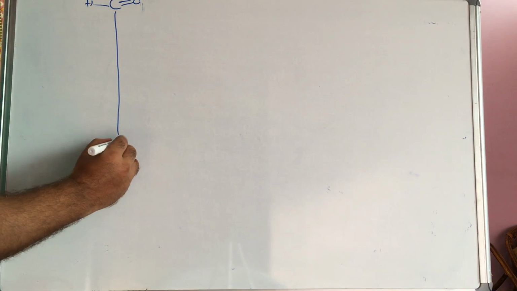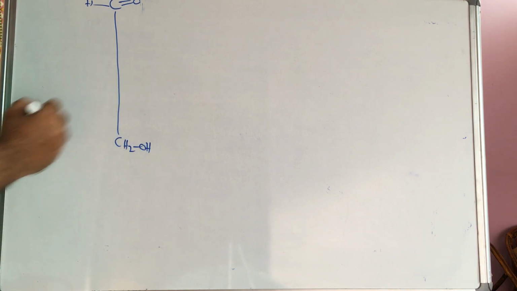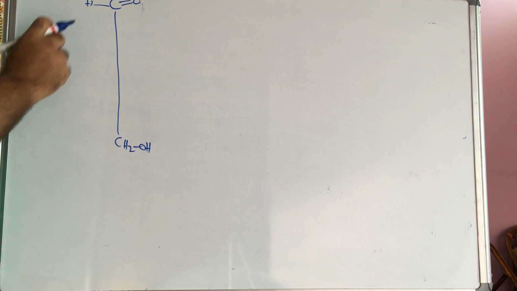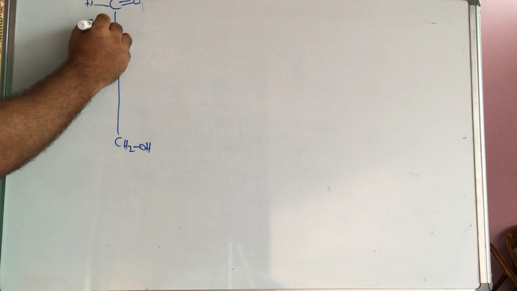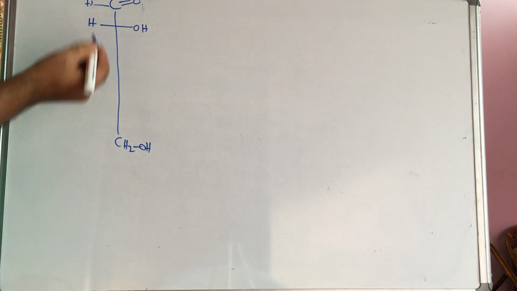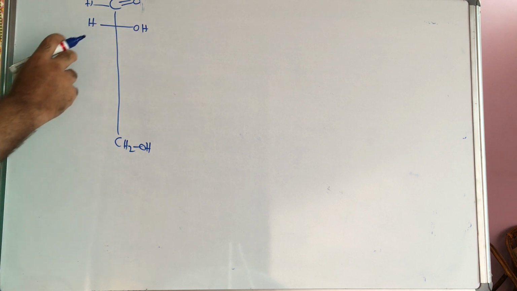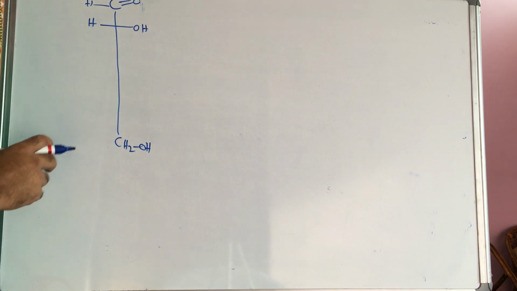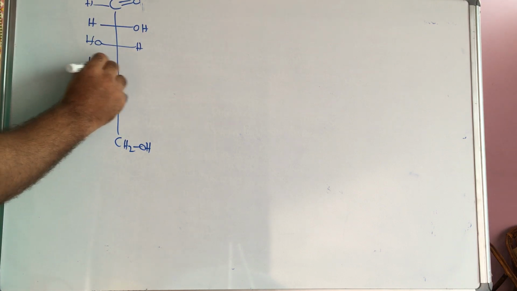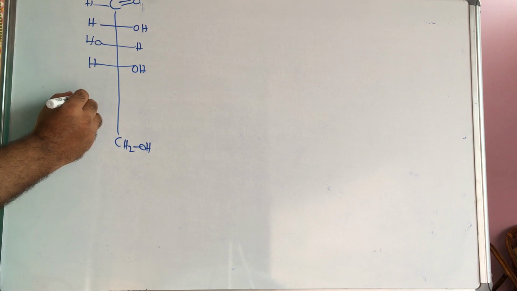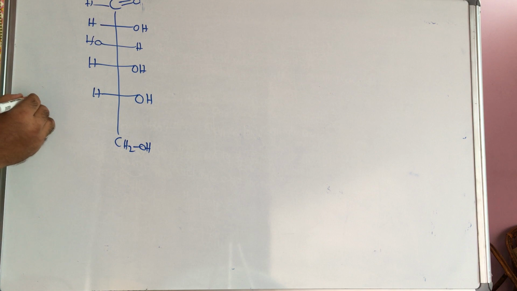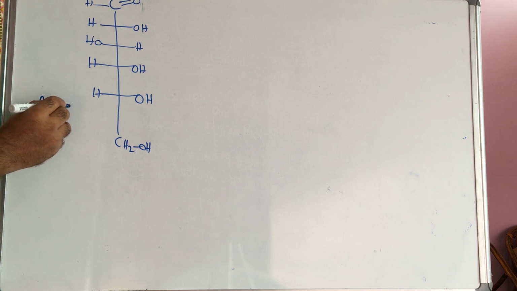Next, a primary alcohol group based on the HNO3 reaction. Bromine water indicates the aldehyde group is present, and the remaining are secondary alcohol groups. The acetic anhydride reaction gives glucose pentaacetate, so we have these 5 hydroxy groups. Of these, one is primary and the remaining are secondary. So this is the open chain structure.